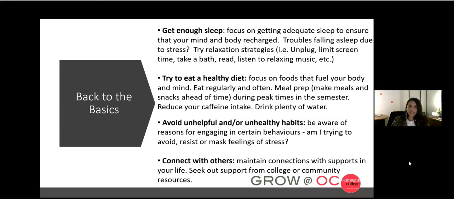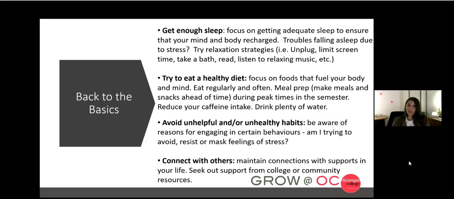So getting enough sleep, focusing on that sleep hygiene, eating a healthy diet, right? During peak times of the semester, do I have space to do some meal planning and prepping so that I have a meal to eat that's healthy? Am I drinking water? Reducing caffeine, right? We know that when we're feeling stressed or anxious, drinking a whole bunch of caffeine can make us feel even more elevated and dysregulated in our bodies.